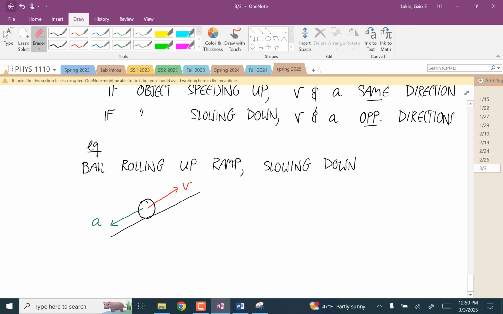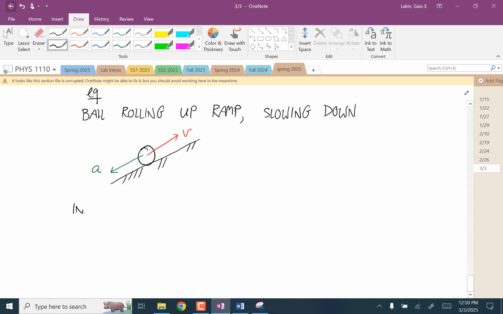I'll leave the vectors off. Okay, so we've done a lot of that kind of stuff. In 2 dimensions, though, it gets a little more complicated. In 2D, acceleration can do 2 things.